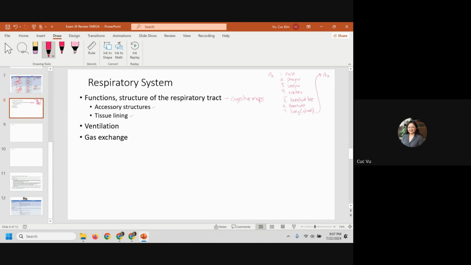All right. So what I'm going to focus on is ventilation, but also make sure you understand gas exchange. With gas exchange, you need to account for two: the pulmonary gas exchange, as well as the systemic gas exchange.